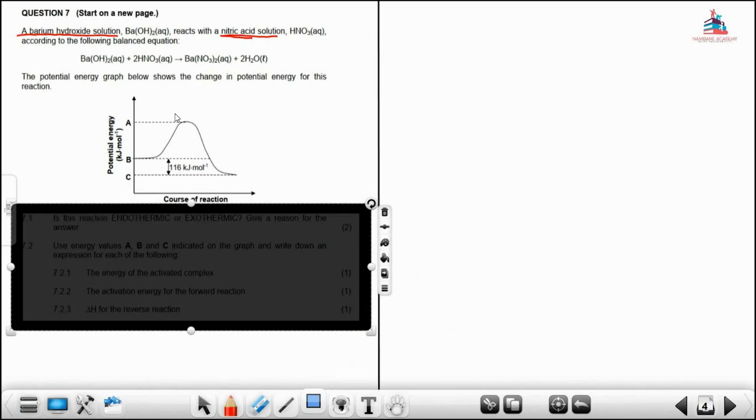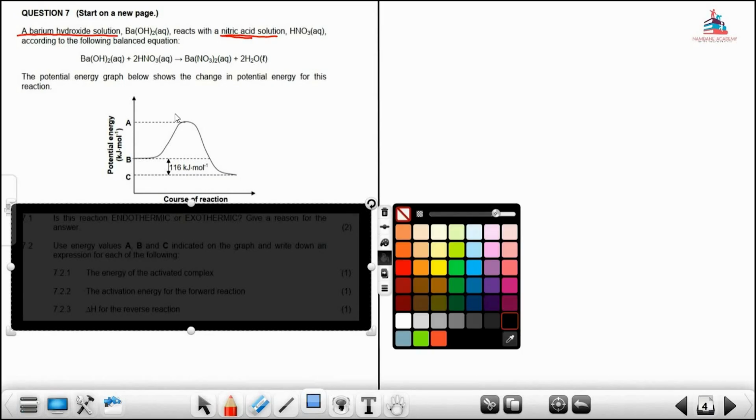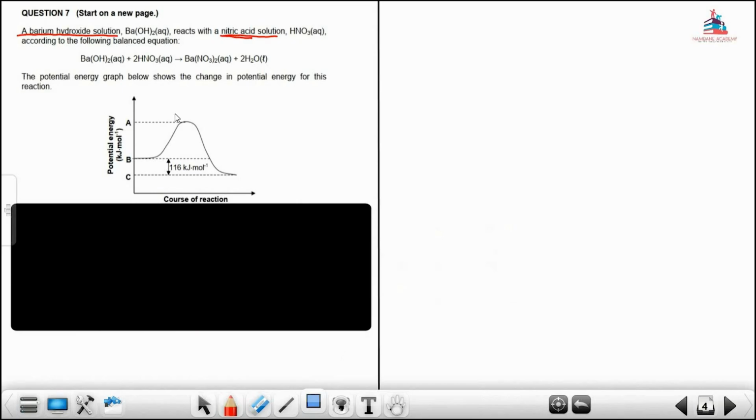Let's cover it and ensure that you don't see anything. The assumption is I don't have any questions, but I need to interpret the graph. What can we say about this graph? Anyone?